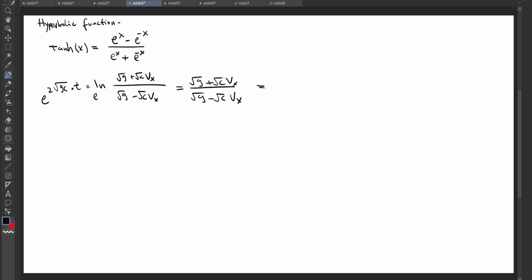and if I solve for this Vx, I will skip the intermediate steps, but that's a linear equation. You multiply this denominator on the left side and then you solve for Vx. Turns out Vx is the following expression: square root of g over c, and then minus e to the negative square root of gc times t, and in the denominator we have a plus sign.